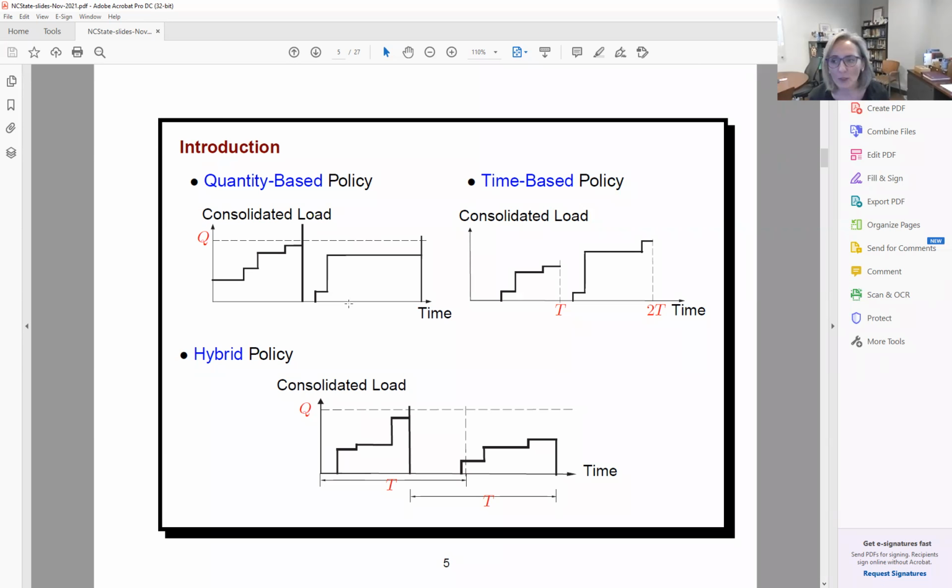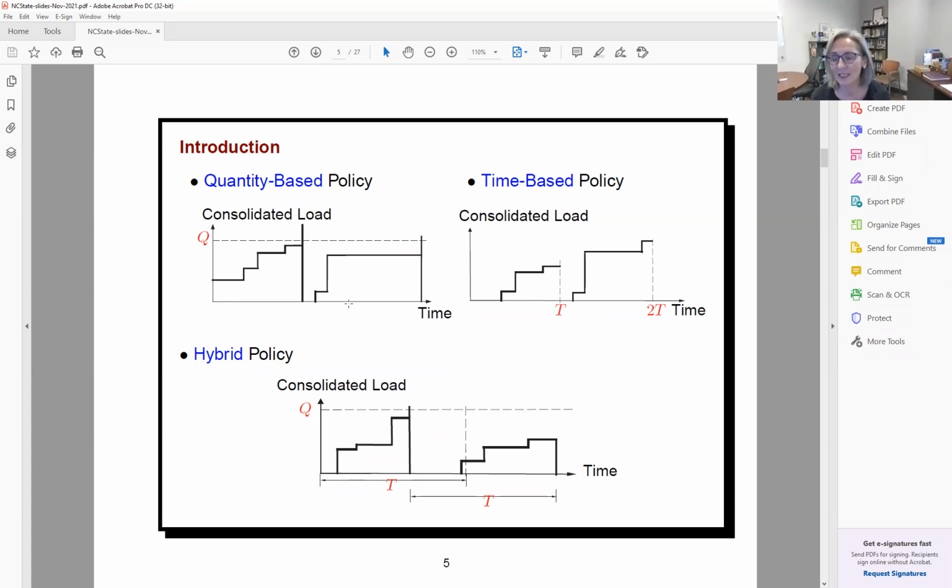When we refer to a quantity-based policy in the context of shipment consolidation, we refer to the case where the goal before we release a shipment is to accumulate a critical consolidated load. Say the goal is to consolidate Q units, or the goal is to consolidate, say, a full truckload, or the goal is to fill 75% of the truck capacity.